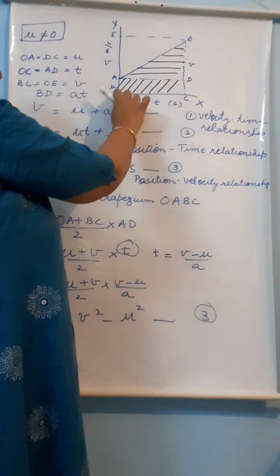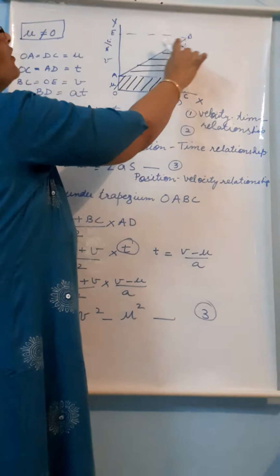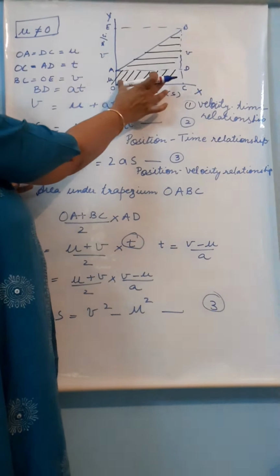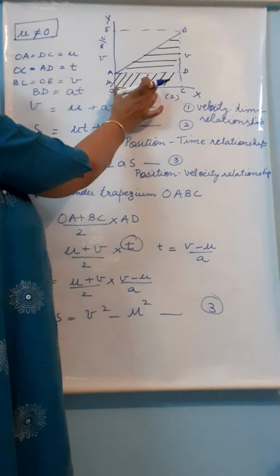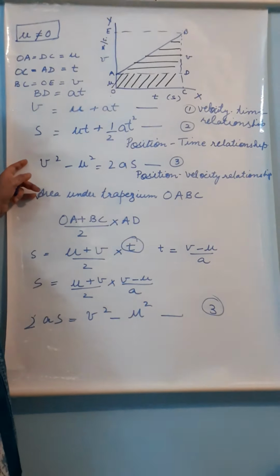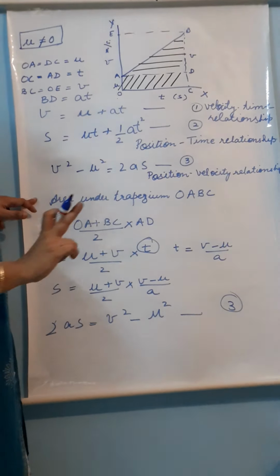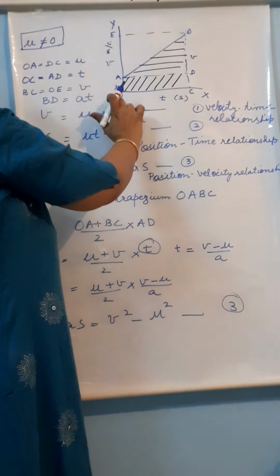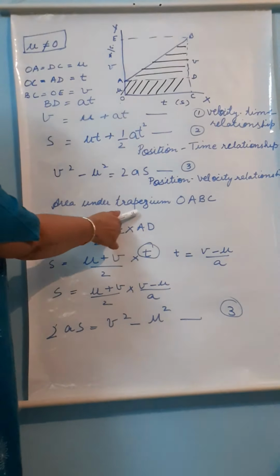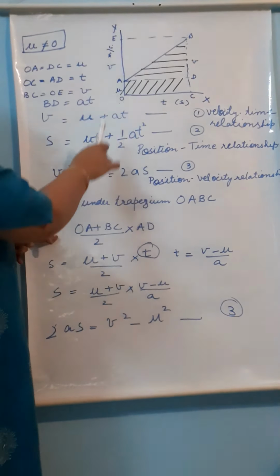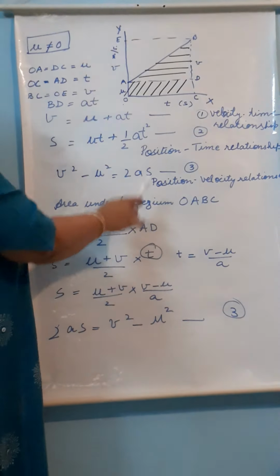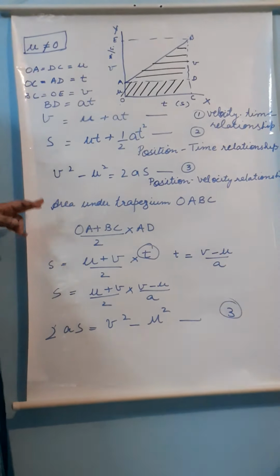We considered it in two halves, one rectangle and one triangle, and by simply substituting these values of the area of a rectangle and the area of a triangle, we got the second equation of motion. And in the third equation of motion, what have we done? We calculated the area covered under this trapezium, and we know the area under the trapezium is equal to the sum of two parallel sides divided by 2 into height. We simply place the values.